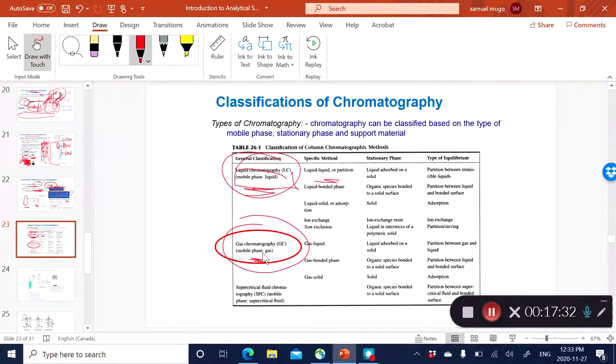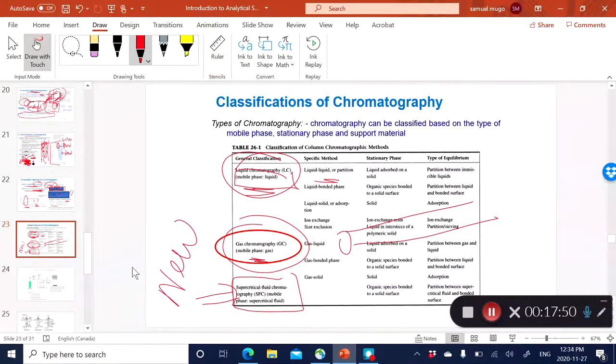Again, the mobile phase in this case is a gas. And of course, the column often is a fused silica column or even a packed column as well, that you can use. But you can also have the so-called, which is a very new technique actually, called supercritical fluid chromatography. And this is where you use a supercritical fluid.